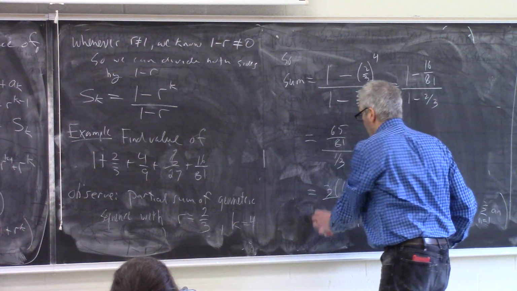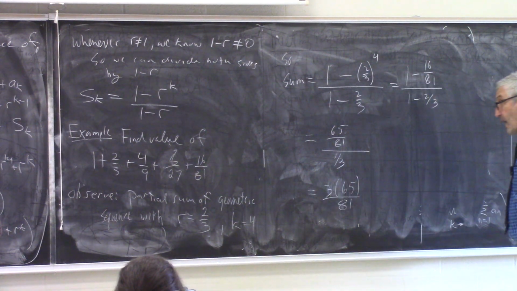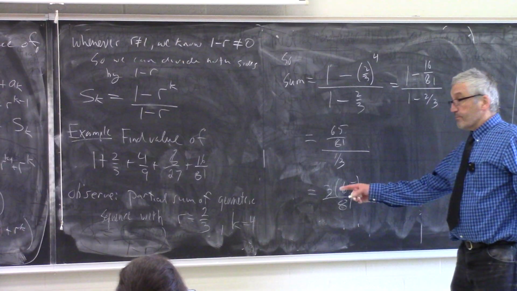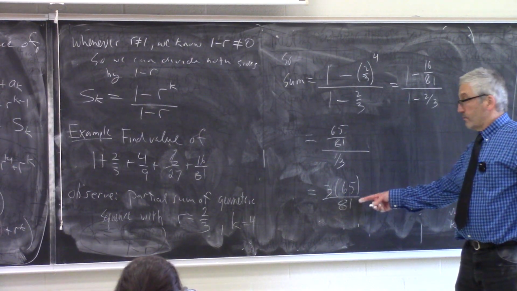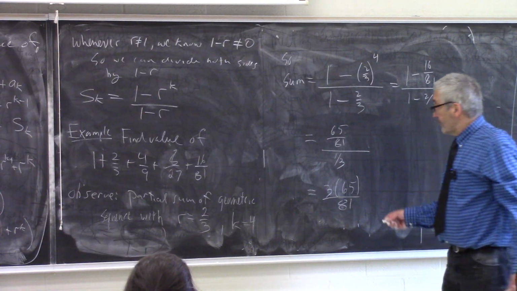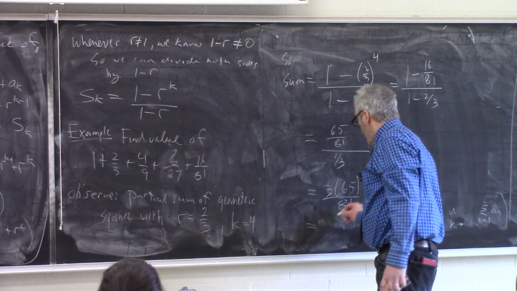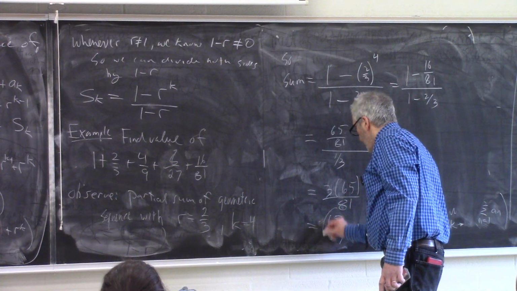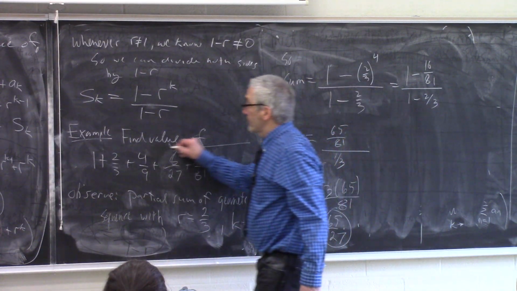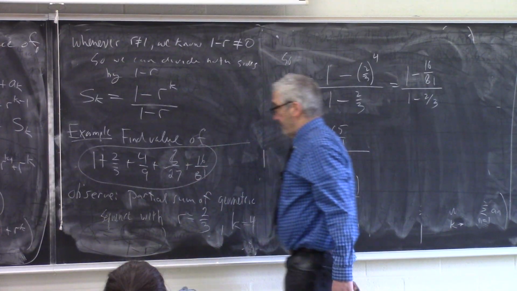Now here's where most students, like 99% of students, will multiply 3 times 65 with great work, and then they'll divide by 81, but cancel before multiplying. So this is 65 over 27. There you go. That's the value of this sum.